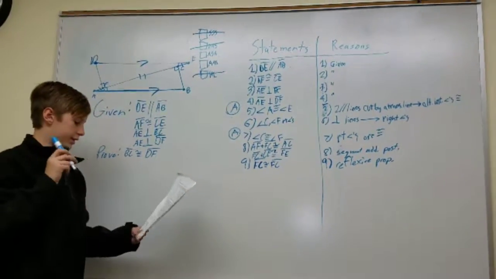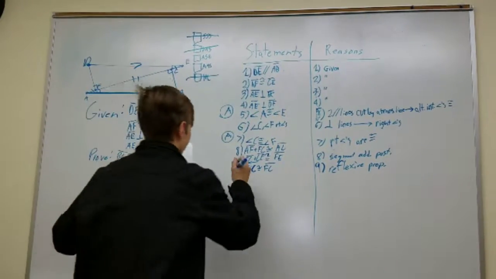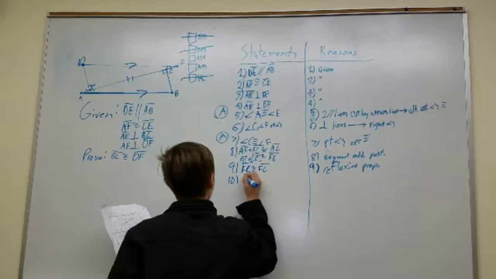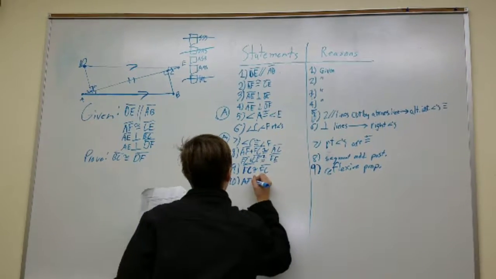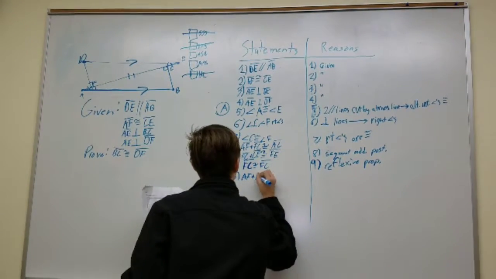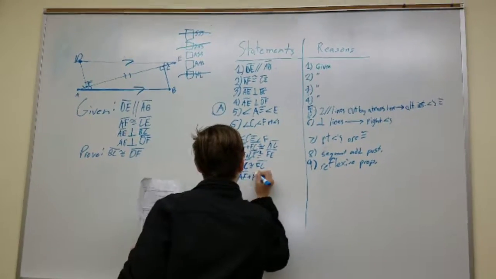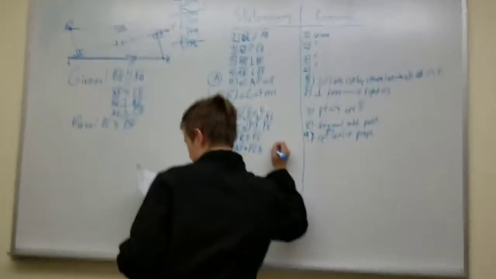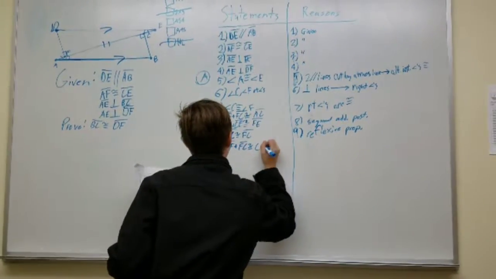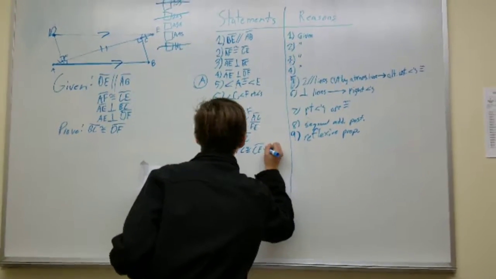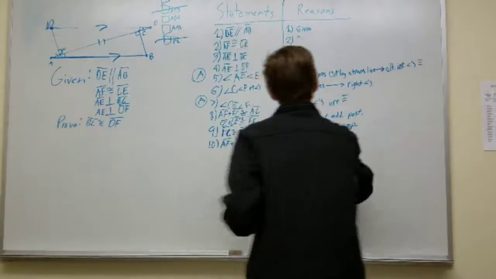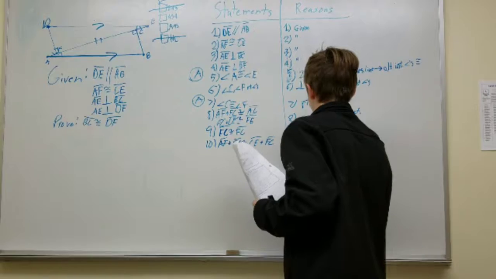Now we're going to go down into step 10, which is going to be saying that AF plus FC is congruent to CE plus FC. And the reason we know this is again going to be the segment addition postulate.